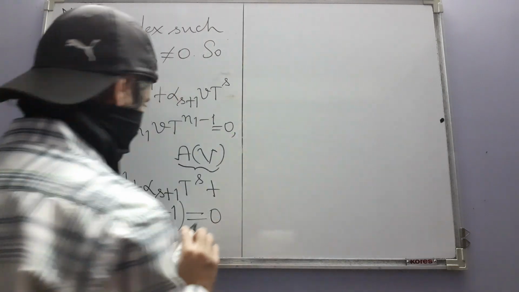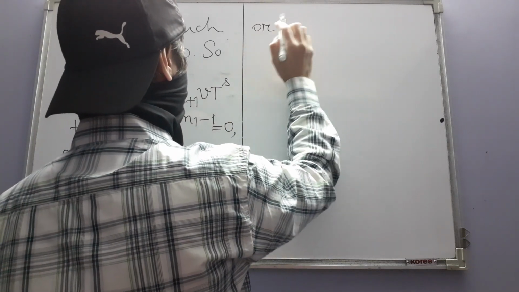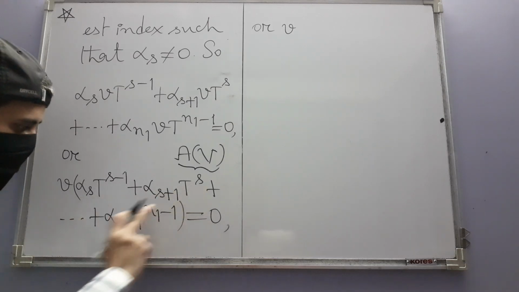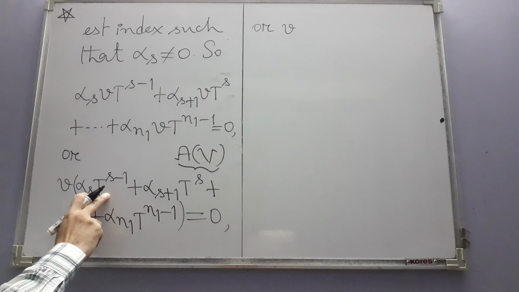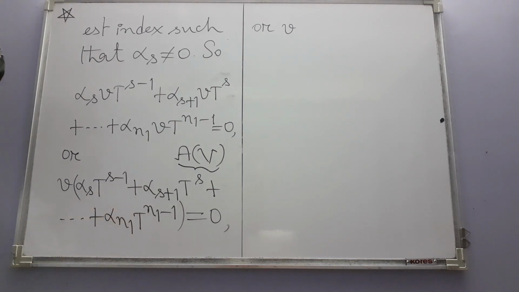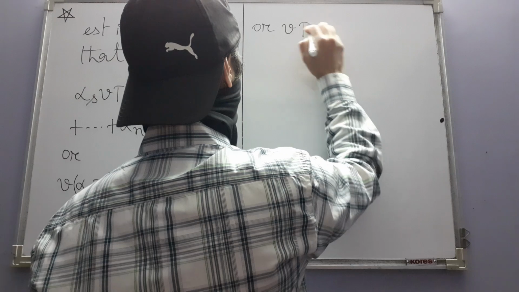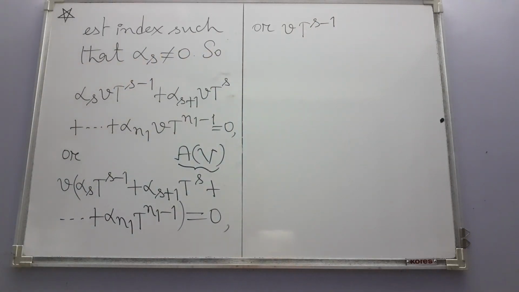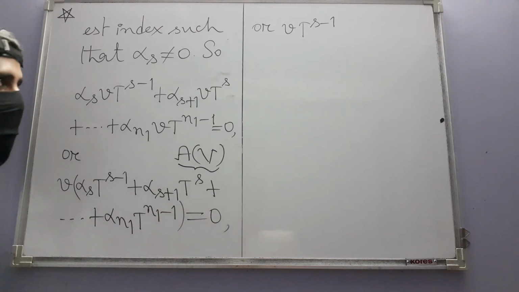Or, now what does this mean? Now that we have separated this V, we can manipulate this operator itself. What we do, now we are going to take something common out. And that something is t to the power s minus 1. We can do so because the other terms have higher powers of t.